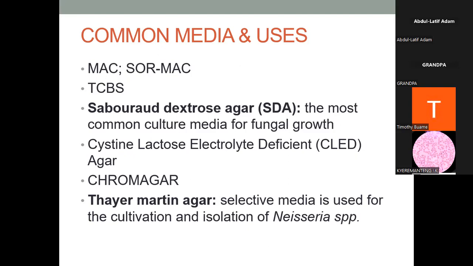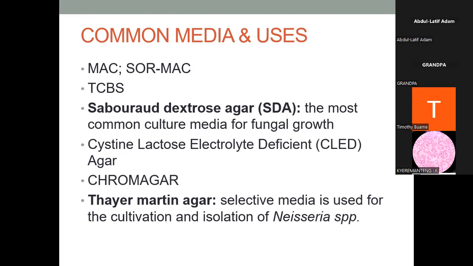Normally in the GIT, you have the gram-negative organisms, gram-negative rods. The gram-positive organisms are normally not in the GIT, and therefore they are not used to the environment of bile. So if you prepare a medium like MacConkey and introduce bile, it will be inhibitory and kill all gram-positives. That's why MacConkey does not support the growth of gram-positive organisms.